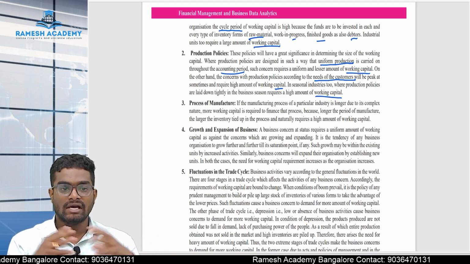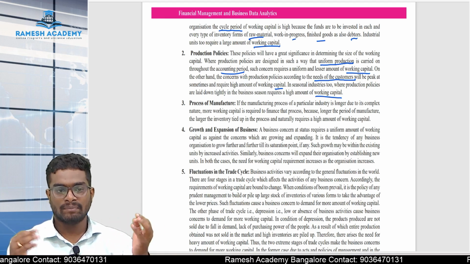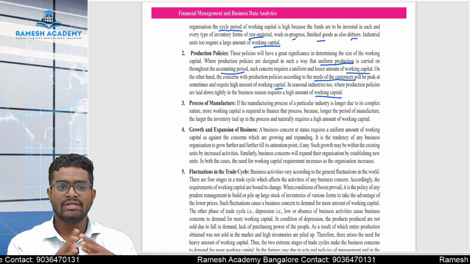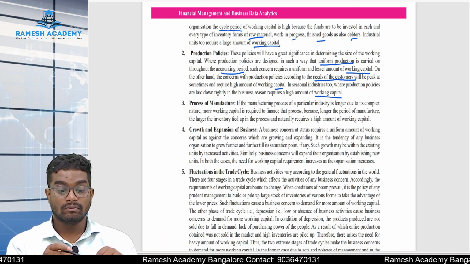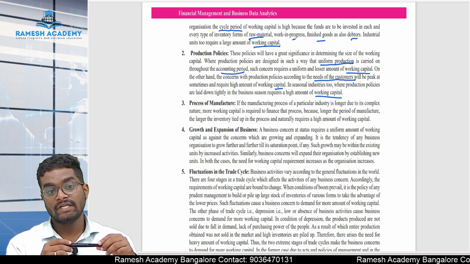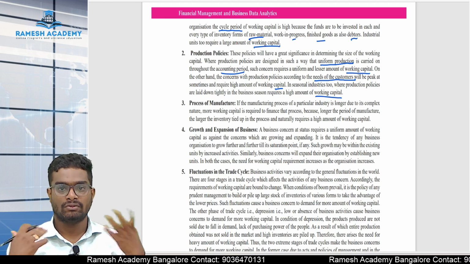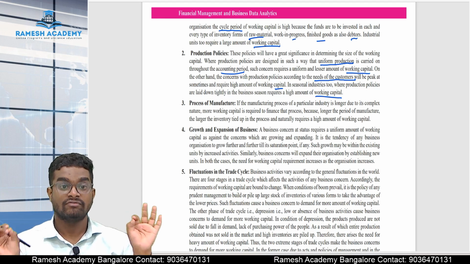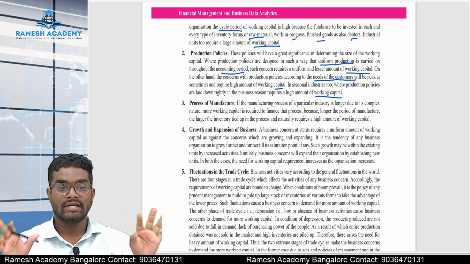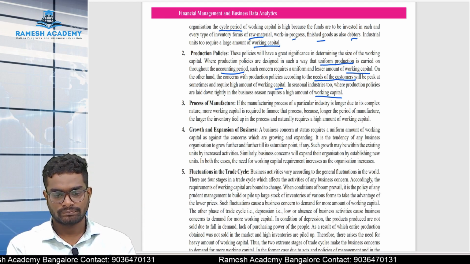For example, for certain cars from Mahindra or Tata, there will be huge demand. They have to produce more and more cars to satisfy the needs. So at that time we require more and more working capital if we want to satisfy it. If you say no, we will not produce more, then no problem. But if you say you will be satisfying it, obviously you need to produce more.